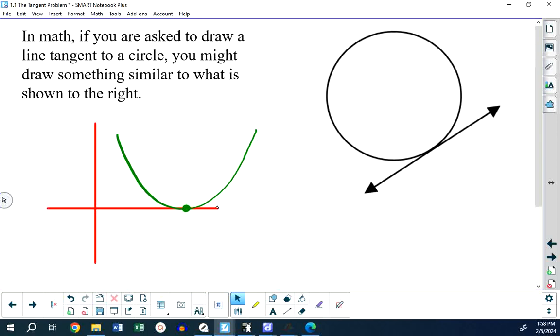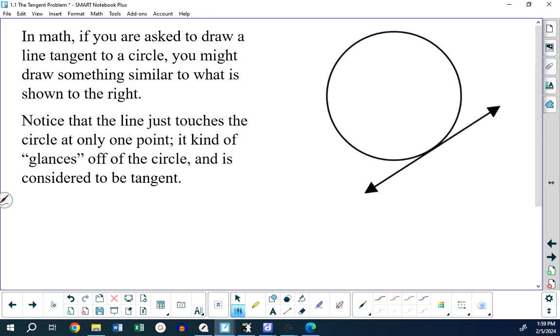So if I asked you to draw a tangent to a circle at a particular point, specifically this point, you might draw that line. And that's kind of an intuitive approach. Notice that the line just touches the circle at only one point. And I think it's better to say it glances off of the circle.